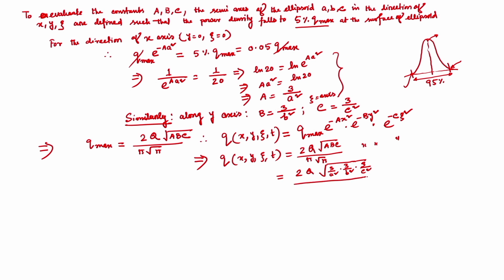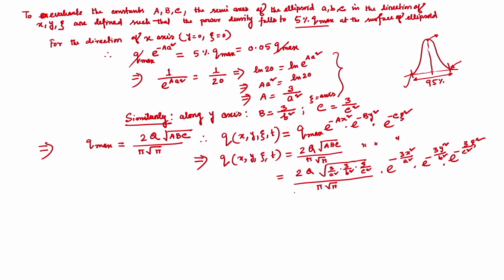This divided by pi root pi, into integration of minus A, equal to, you can write as 3 x square by A square into e to the power minus 3 y square by B square into e to the power minus C, means 3 by C square into zeta square.